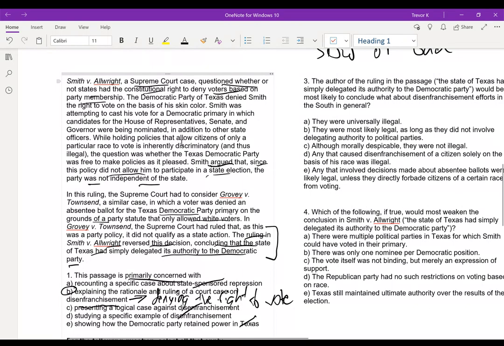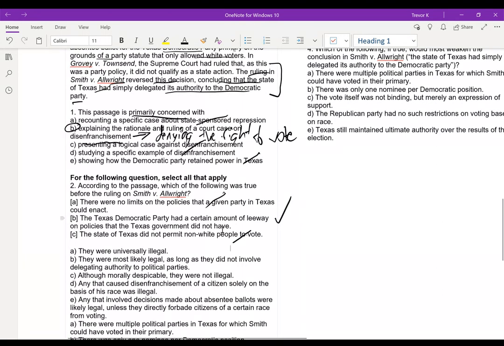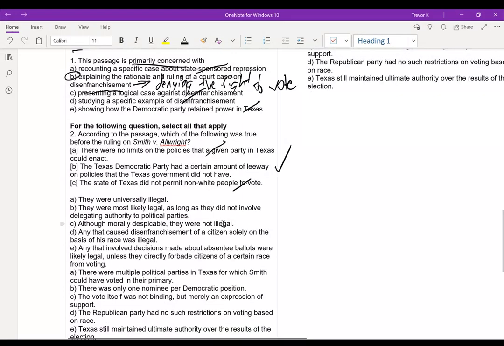And this says, while holding policies that allow citizens of only a particular race to vote is inherently discriminatory, the question was whether the Texas Democratic Party was free to make policies as it pleased. So yeah, it seems like the state of Texas probably did have to allow non-white people to vote, because that was the whole delegation of authority. All right.